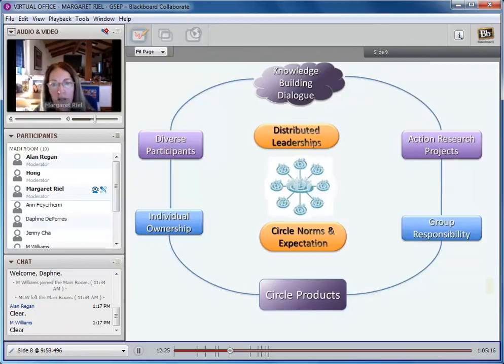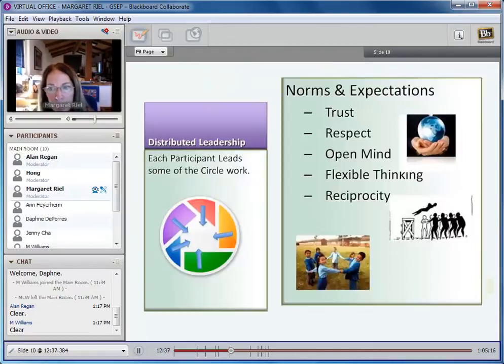Let's talk a little bit about distributed leadership, and then the circle norms and expectations. We were already discussing distributed leadership when talking about the group responsibility. Each participant is leading some portion of the work.